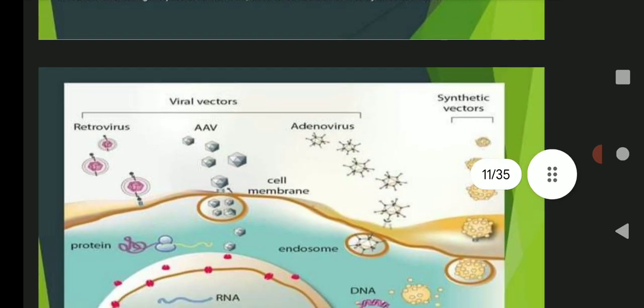So we come across various viruses that are used in treatment procedures for the transfer of foreign DNA. Example viral vectors are retrovirus, adeno-associated virus, and adenovirus, and synthetic vectors are also utilized. Retroviruses are capable of packaging RNA, and the viruses are allowed to enter into the cytoplasm.